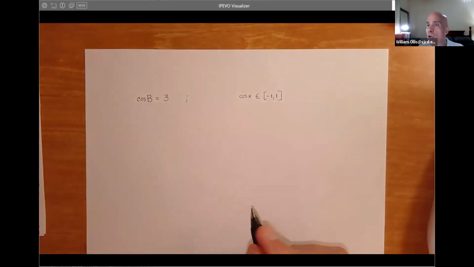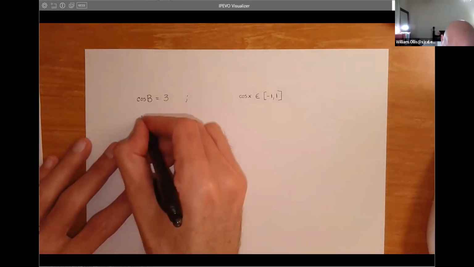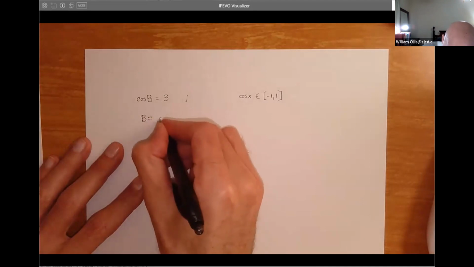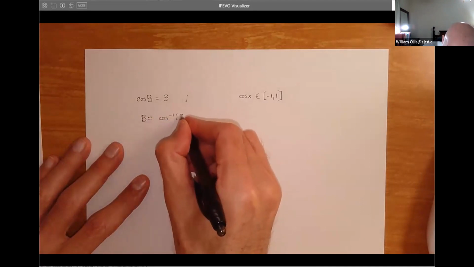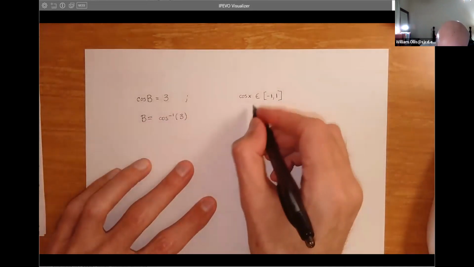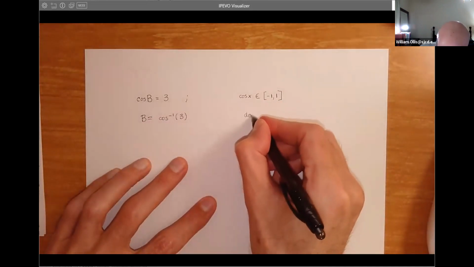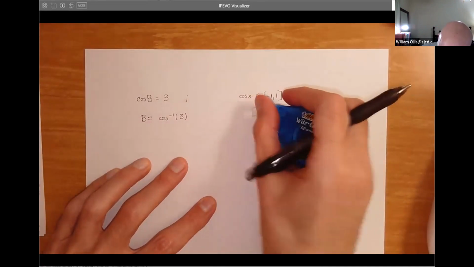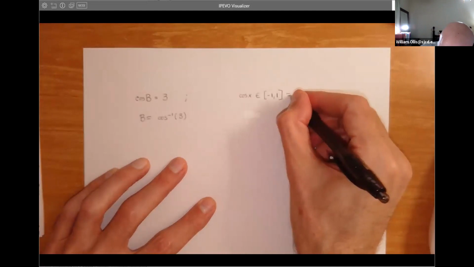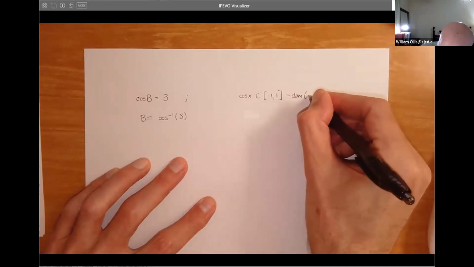Well, say you don't recognize that and you say B equals inverse cosine of 3. Again, the domain, well, I don't need to write this again. Let me just do this. This is the domain of the inverse cosine.